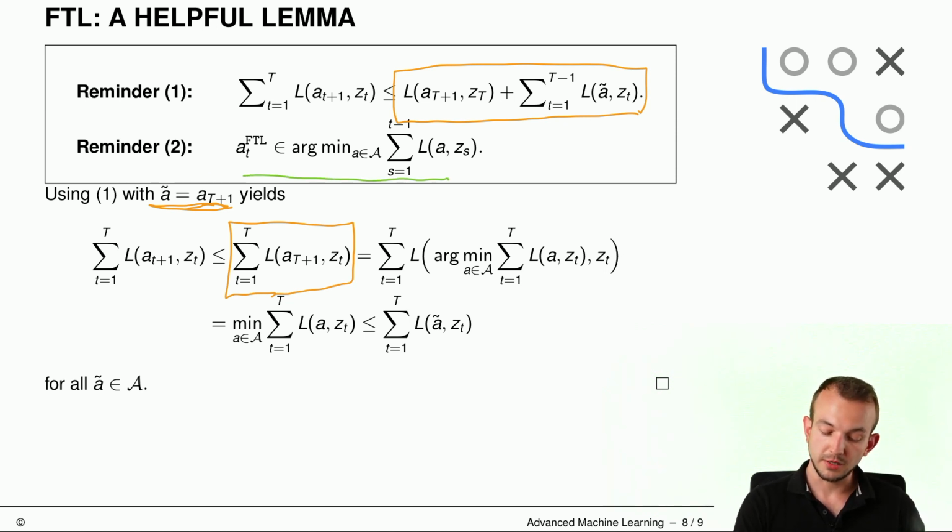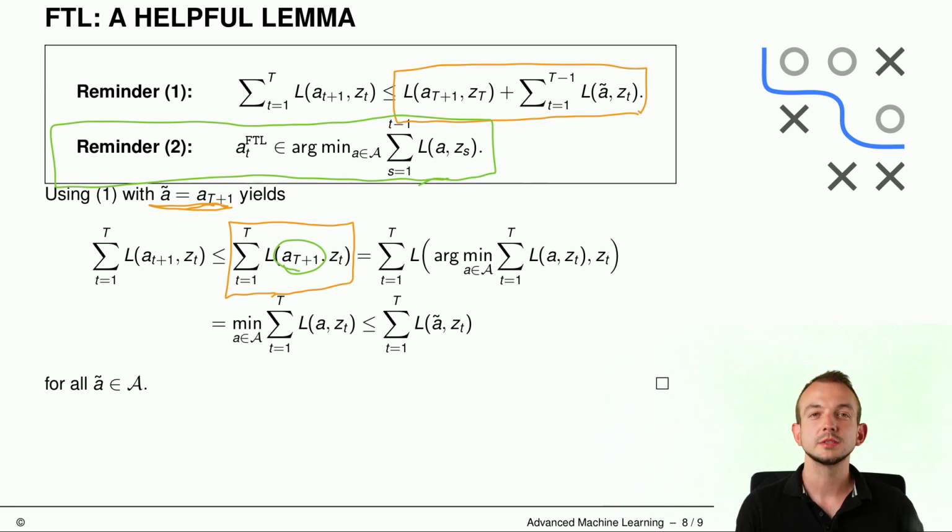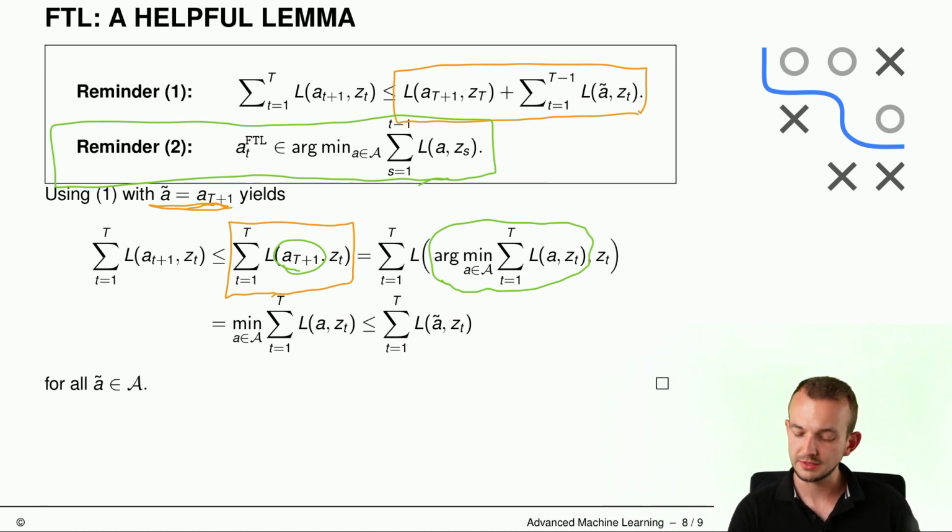Okay, but now our reminder number 2 comes into play, namely what is this action in time step capital T plus 1? It's the one minimizing the cumulative loss over all actions up to and including time step capital T plus 1. Again, we see the same structure as in the induction step.